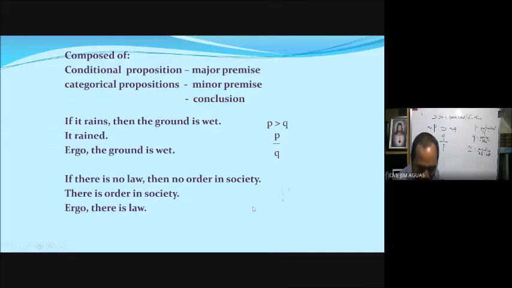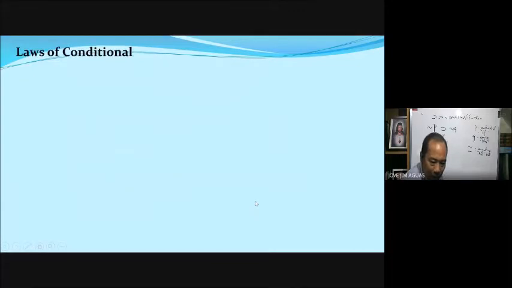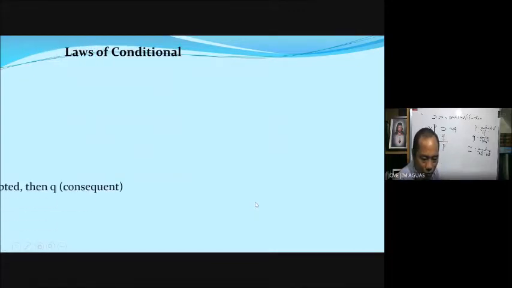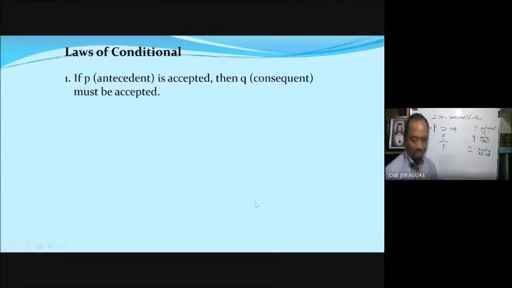Now let's go to the laws of the conditional. The law states, if P, the antecedent, is accepted, then Q, the consequent, must also be accepted.